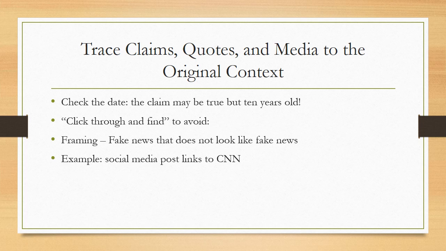Much of what they report is probably true, but they are very, very biased. Nonetheless, they're a major news source that many people see as accurate. So just by including a link to CNN in this post, the author of the post gives his post an immediate sense of credibility for many readers.